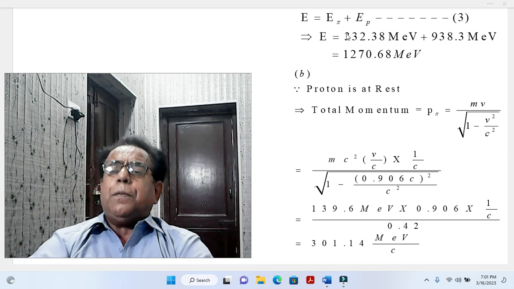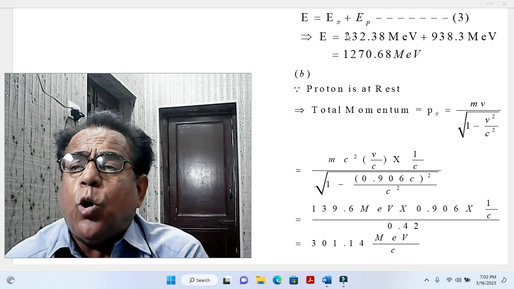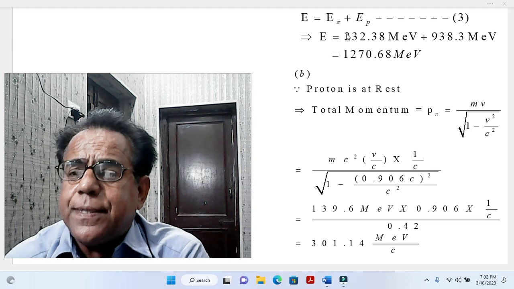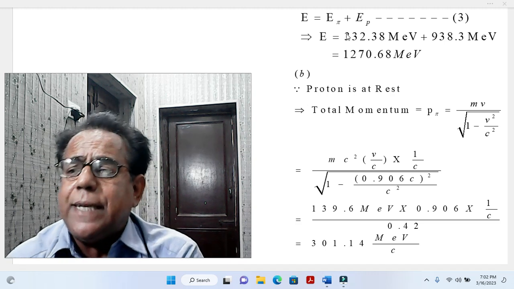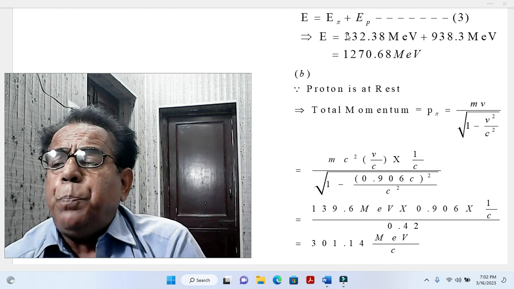So in part B these three dots denote because or since. Because the proton is at rest, this implies that the total momentum is equal to P pi.